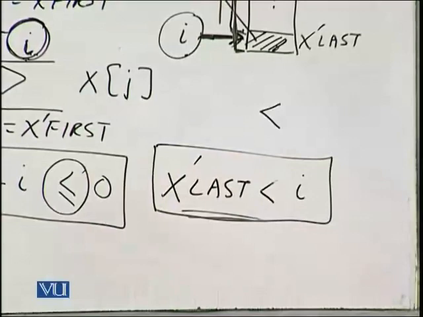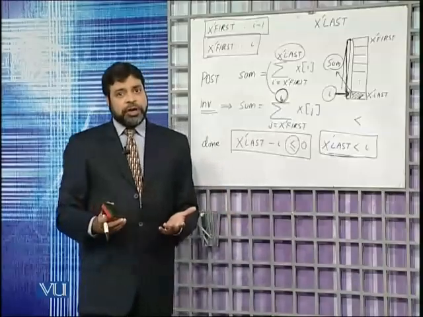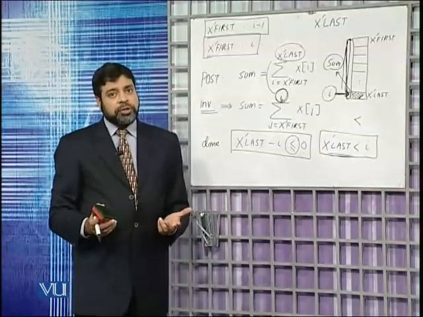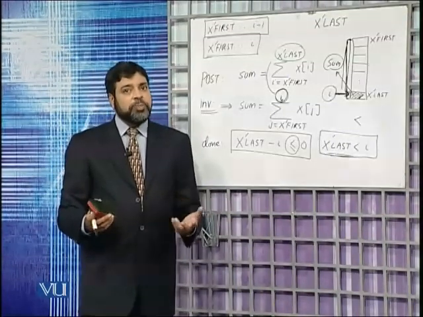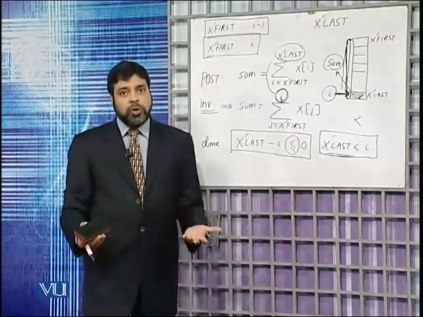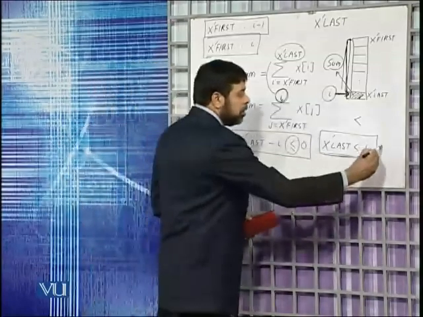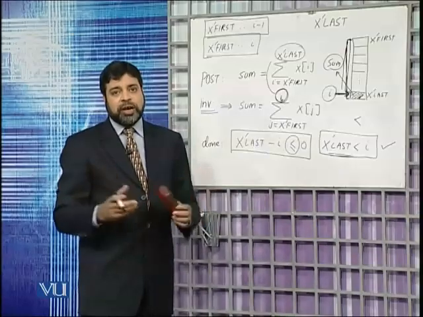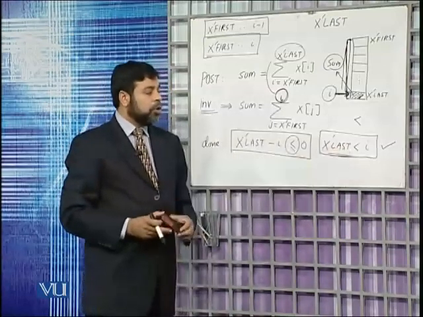Because when x last is equal to I, that means according to my invariant condition, I would have the sum of all the elements in my variable sum, and that means I should now come out of the loop. So as soon as it is equal to I here, I'm done.